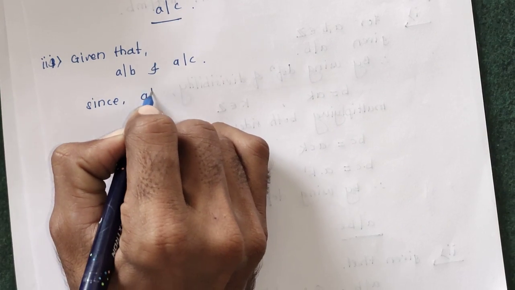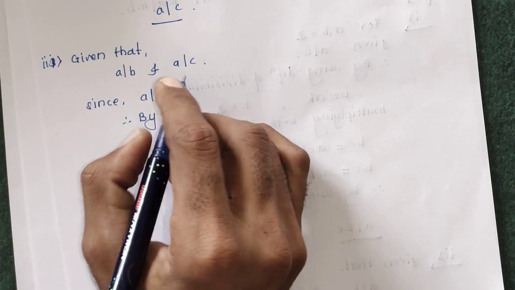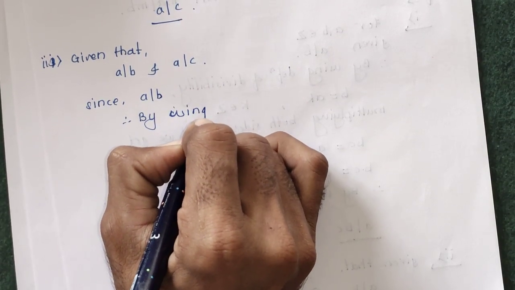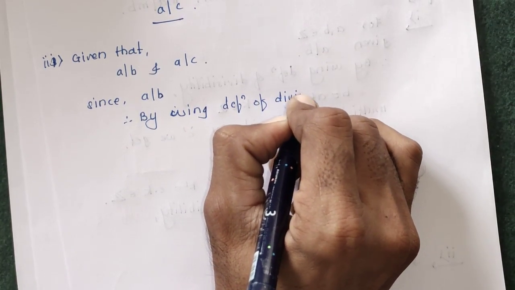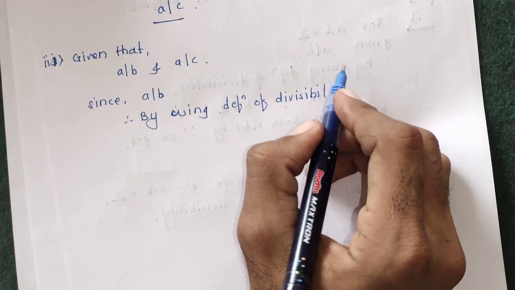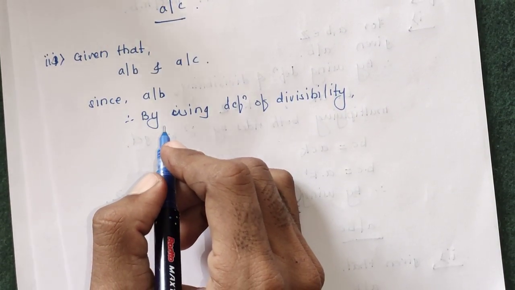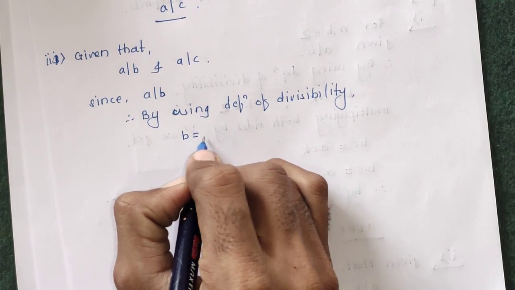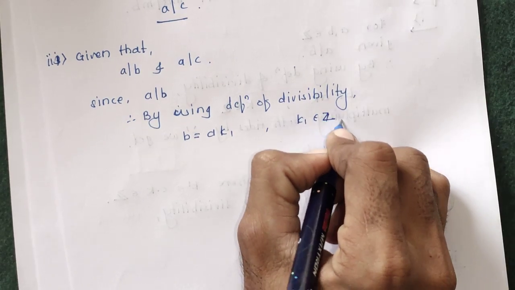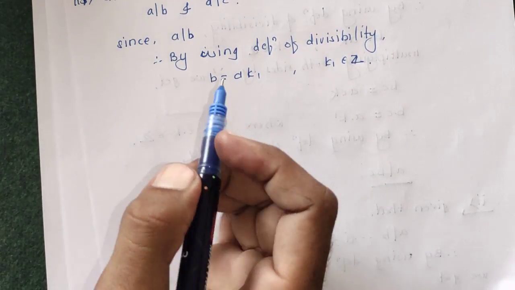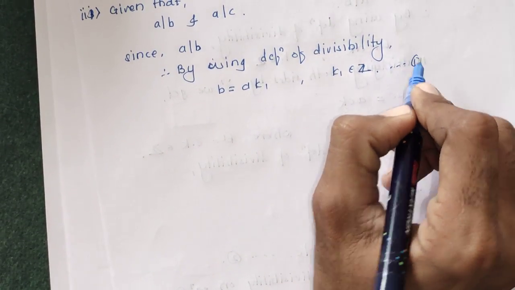Since A divides B, by using the definition of divisibility, we can write B equals A into some integer, suppose K1, where K1 is an integer. Suppose this is equation number 1.